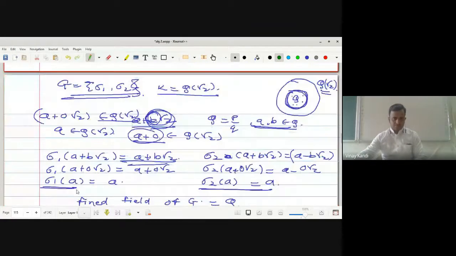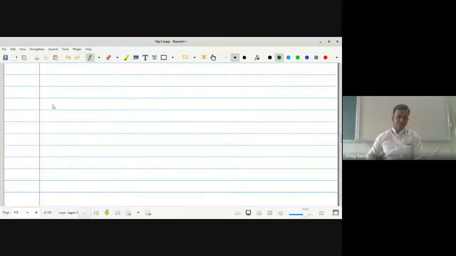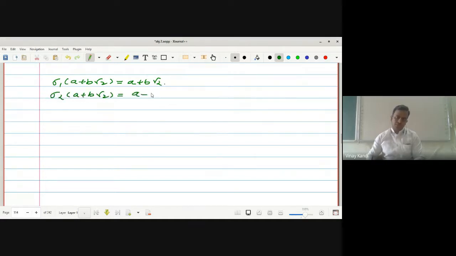If you take sigma 1, a plus b root 2 maps to a plus b root 2. Sigma 2 maps a plus b root 2 to a minus b root 2. If G is equal to only sigma 1, then the fixed field of G is Q(root 2), the identity mapping.